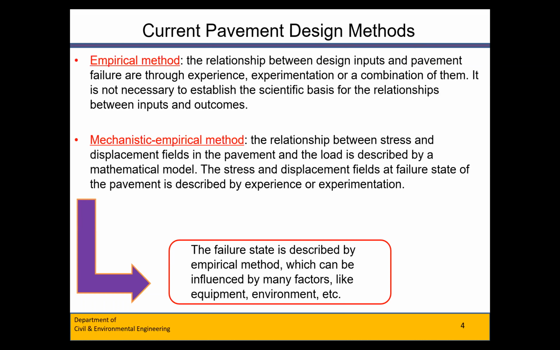Though these two methods have their own advantages and are widely used, their drawback is that the empirical method is used to describe the failure state, and the results can be influenced by many factors like equipment, environment, etc.